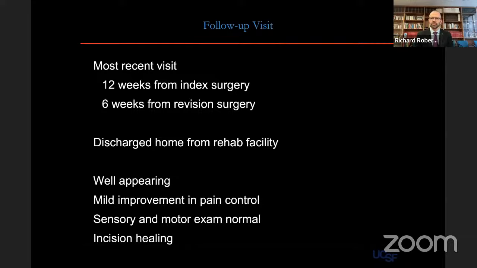At that time, he had been discharged home from his rehab facility. He was happy with his appearance. He had some improvement in pain, but we're still working on that currently. Sensory and motor exam was normal, incision was healing. We were happy with our outcome of our revision surgery.